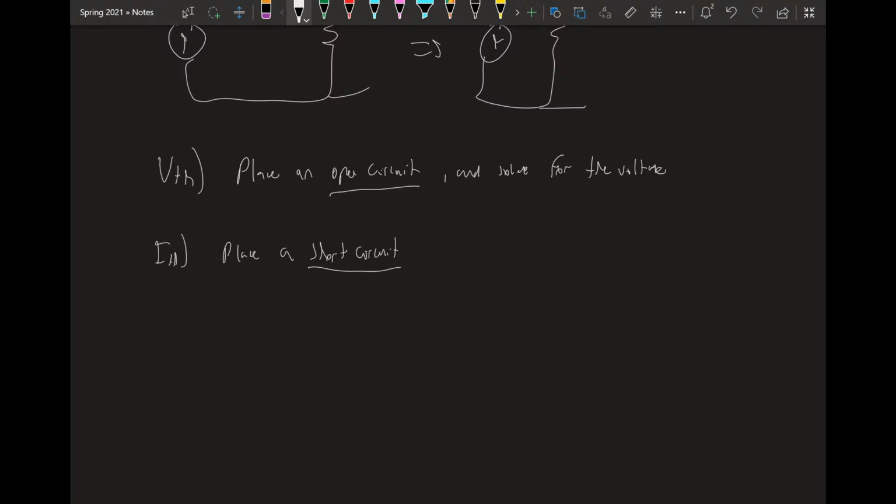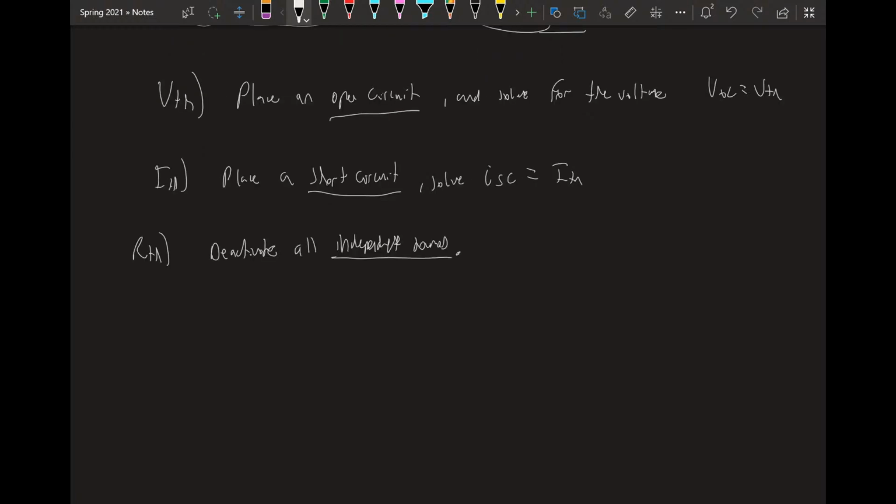For R Thevenin, you're going to deactivate all independent sources, not dependent ones. You're going to place a test source at the terminals, and you're going to solve for V test over I test, which equals your R Thevenin.